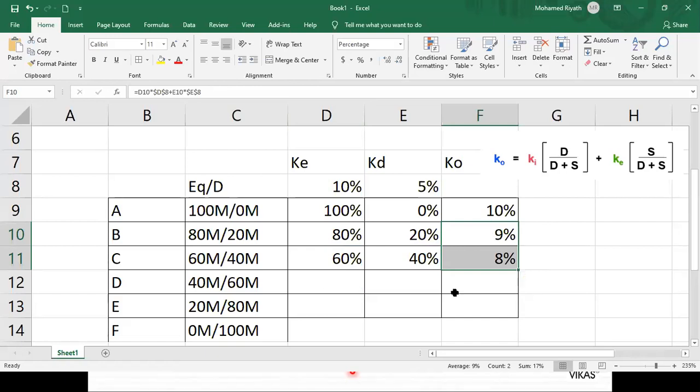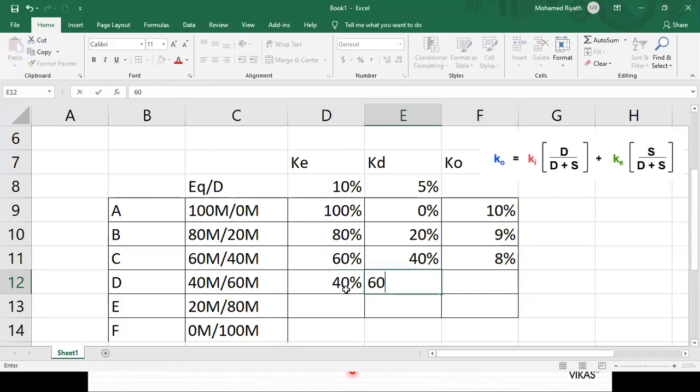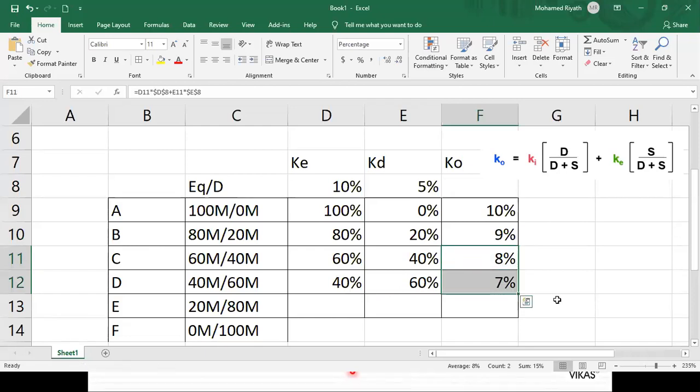Right? And this answer, point D, what is the answer? Point D, here it's 40, here it's 60. Yes, 7%.